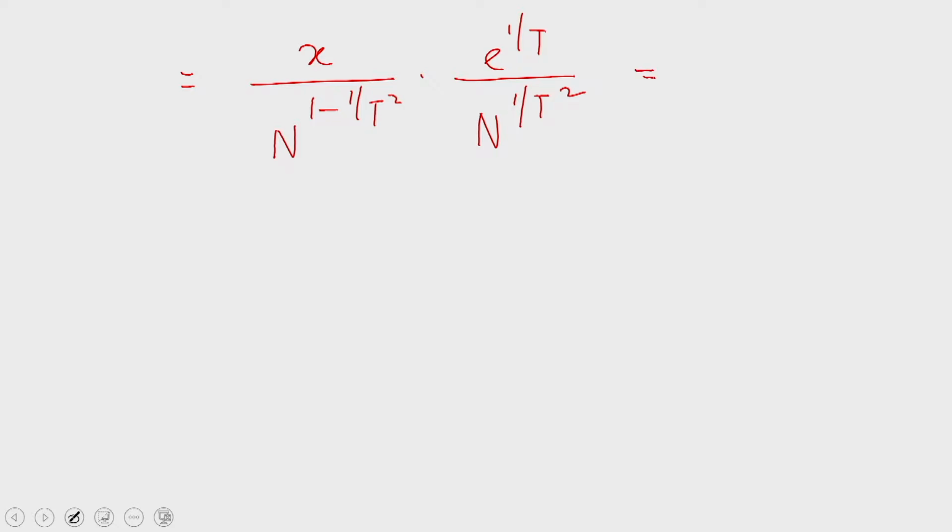So, simplifying, we get that the sum of the second term and the third term put together will be at least x e power 1 by t divided by n.